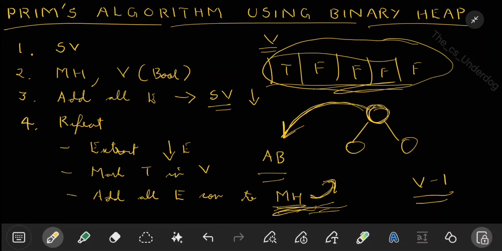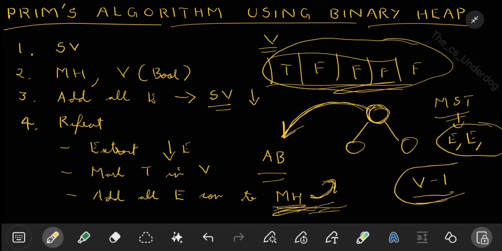So in your MST, you'll be maintaining an MST set as well. In this MST, you will be adding edges whenever you select any new edge onto the MST. So whenever this edge count reaches v-1, that means your spanning tree is already built. So you can terminate your process at that point.